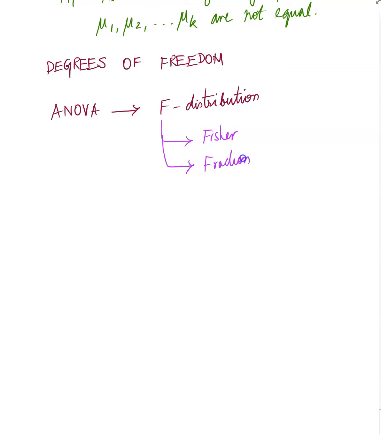This F distribution appears as a fraction, so the statistic is a ratio. In particular, what is this ratio? This ratio is the ratio of the variability between groups to the variability within groups.